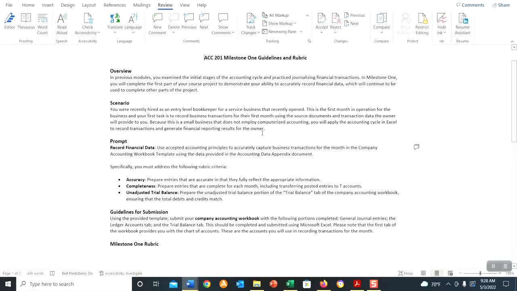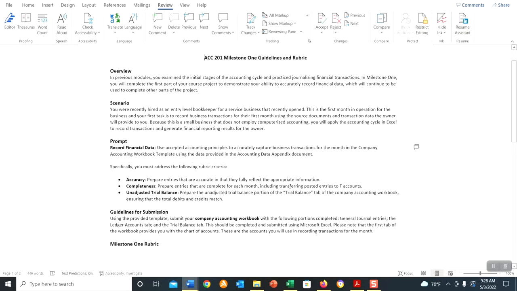We have provided a workbook for you already formatted for Excel. So essentially, you're not going to have to format a workbook. You're just going to be entering the data into the appropriate sections or tabs in the workbook provided. For this first submission, you are going to prepare journal entries that are accurate and fully reflect the appropriate information or effect of each transaction on specific accounts.